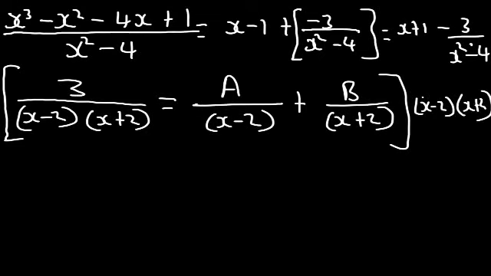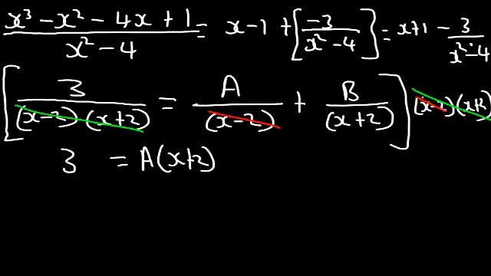So it turns out that for the green color, the whole terms will cancel out. And for the red color, x minus 2 will cancel as x minus 2, and left over is x plus 2. So this is 3 equals a multiplied by x plus 2. Then for the blue color, x plus 2 cancels out, and left over is x minus 2 plus b multiplied by x minus 2.